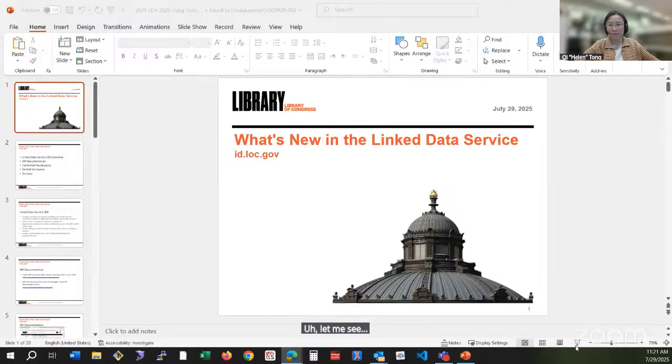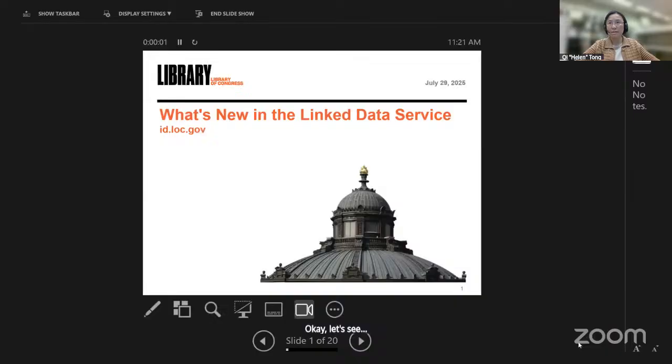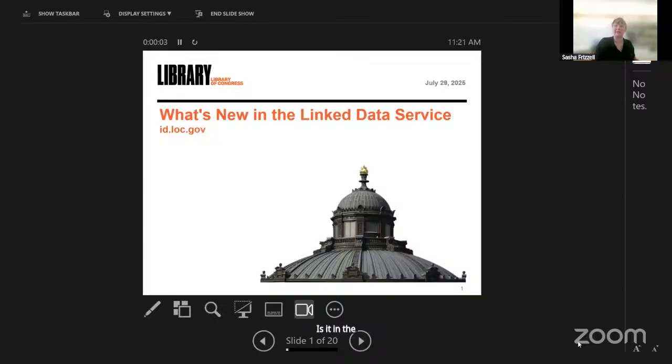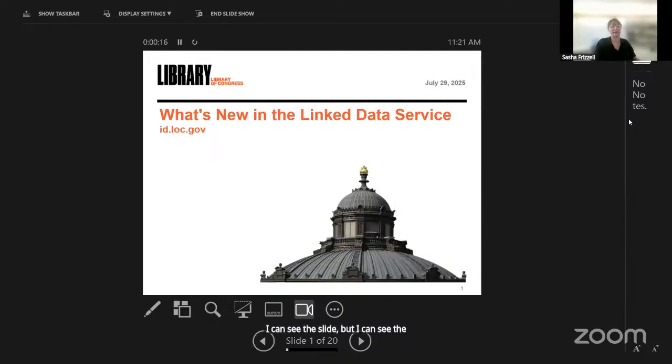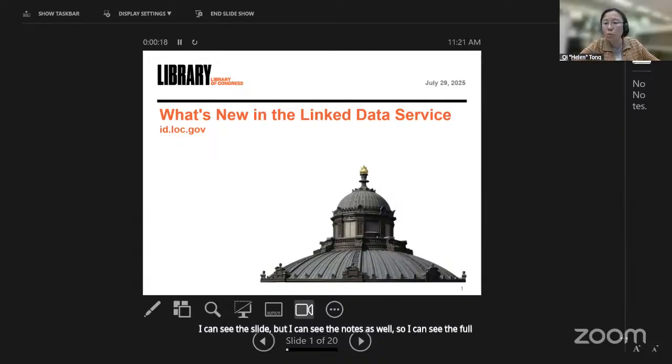I'm seeing right now the speaker view, so I can see the timer and your notes as well. You cannot see my slides? I can see the slide, but I can see the notes as well, so I can see the full presenter view right now. Oh, okay.